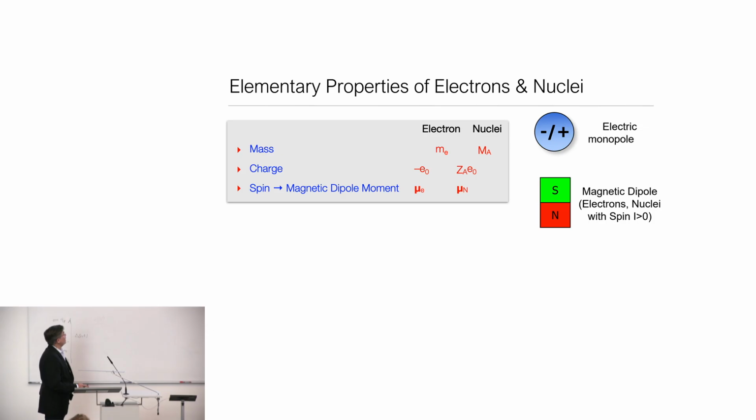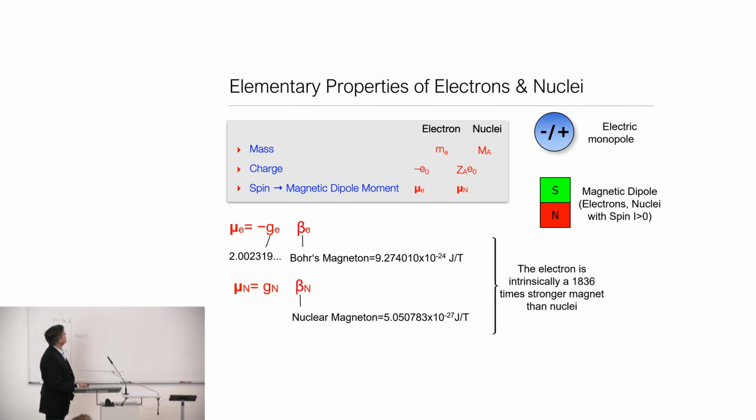And so that is something we have to accept, that simultaneously the electron is a point charge and a bar magnet. And the magnetic moment of the electron is given by minus the free electron g value times a constant of nature, the Bohr magneton, and in SI units that's 9.274 etc. times 10 to the minus 24 joule per Tesla. And this free electron g value here, that's an anomaly.